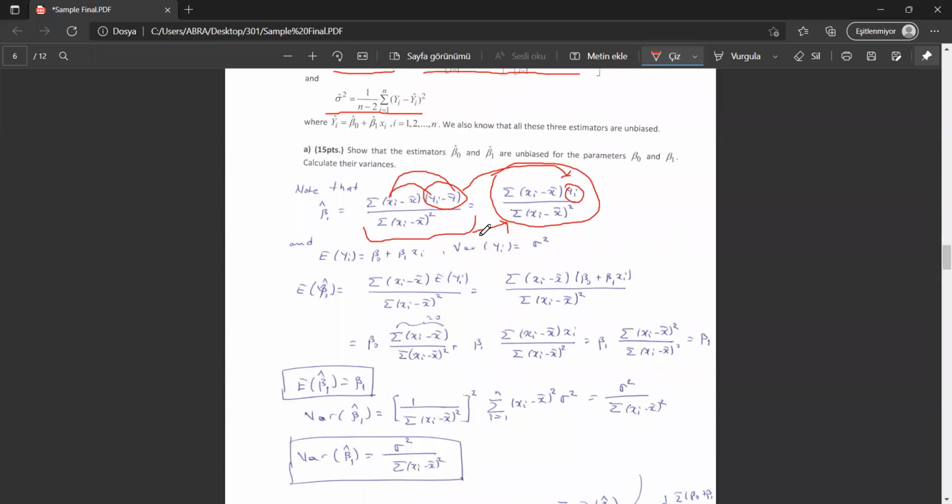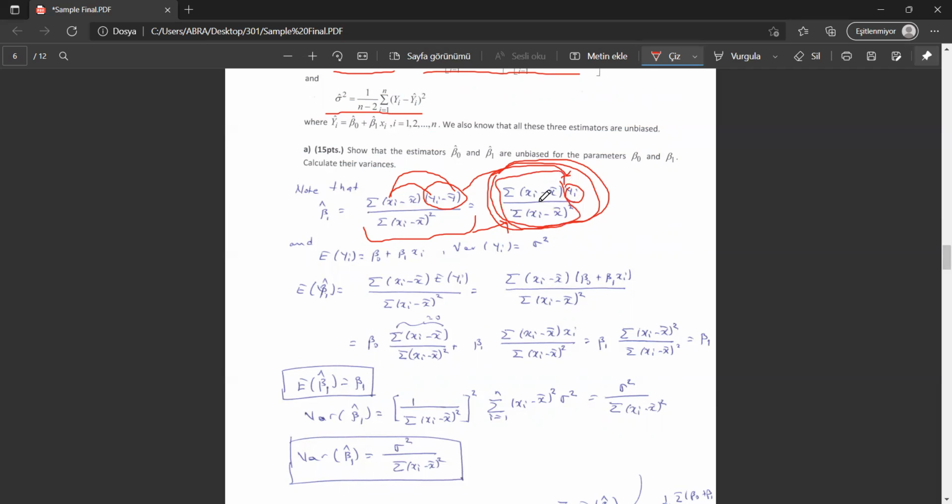Okay, now here, we need to take the expected value of beta 1, right? So expected value of this. Now we know that the summation of xi minus x bar over summation of (xi minus x bar) squared, these things are non-random.